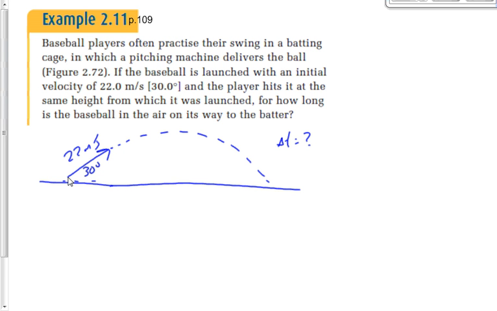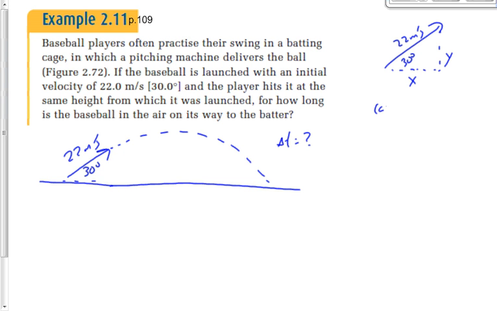Who knows what to do first here above everything else? Yeah, we don't like funny angles. So let's get rid of that 30 degrees. 30 degrees, 22 meters per second. This is x, this is y.